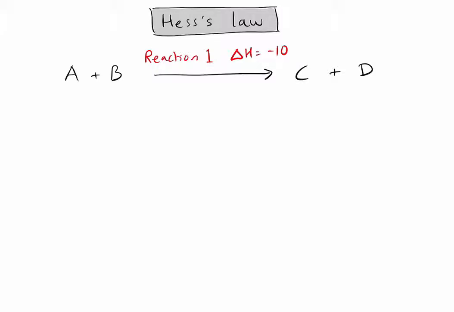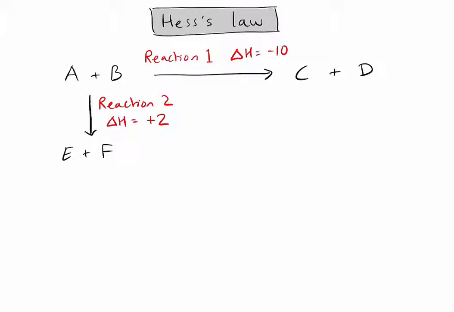Let's now add to this diagram a second pathway to get from A and B to C and D, but this time we're going through 3 different reactions. So let's imagine that reaction 2 forms E and F, and let's imagine this has an enthalpy change of +2.